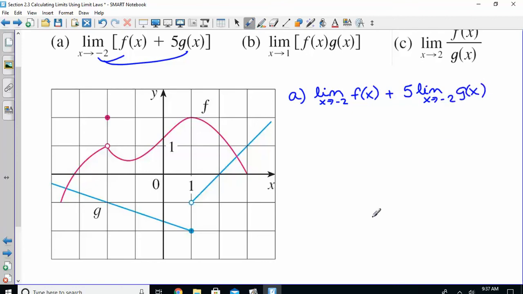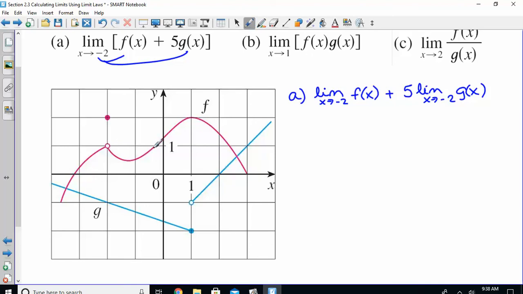Now, is this something that we should be able to solve? Because we can look, as I approach -2, f is going to, do we want the point or where the graph approaches? Where the graph approaches. Remember, a limit doesn't care what happens at the point itself.